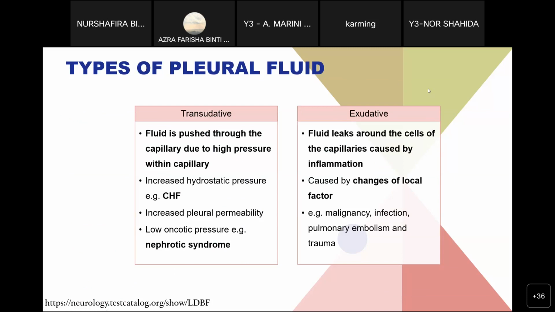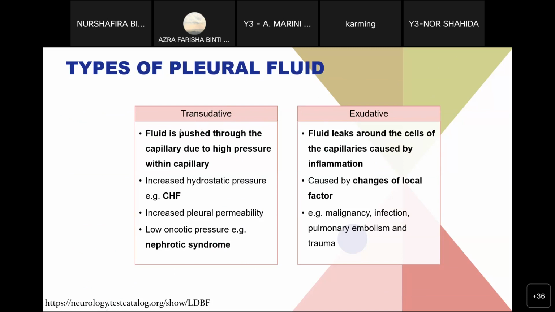We can pinpoint the causes of pleural effusion from the type of pleural fluid produced. We can send the pleural fluid for investigation and analysis, and see whether it is transudate or exudate. Different causes produce either transudate or exudate.